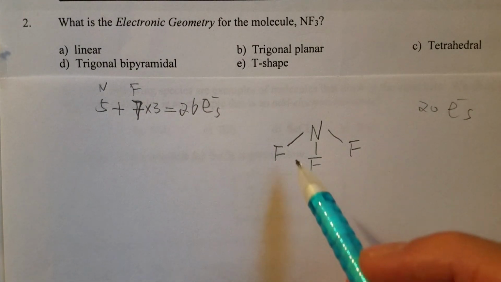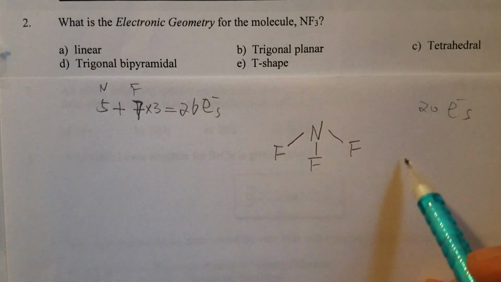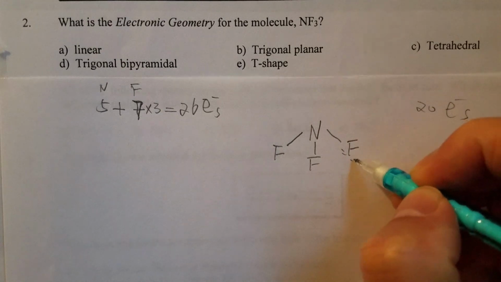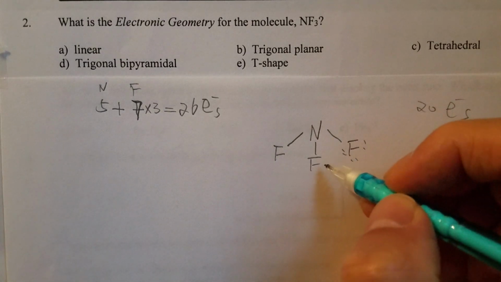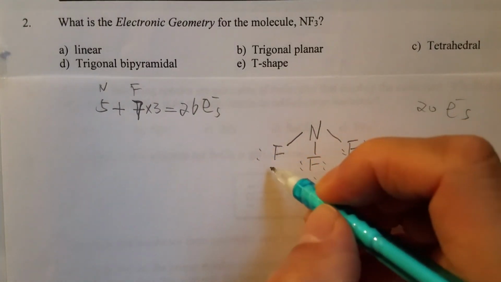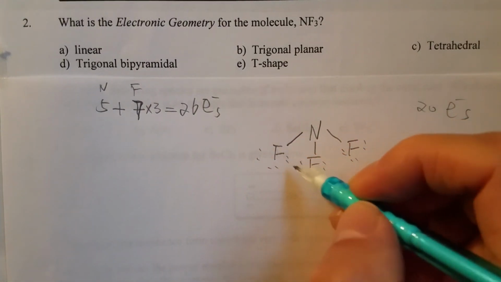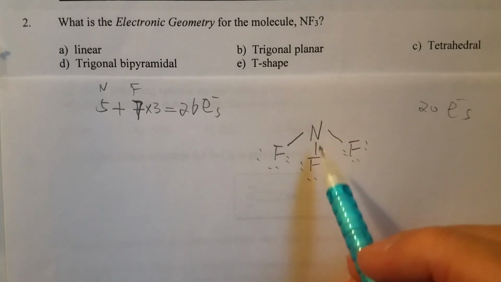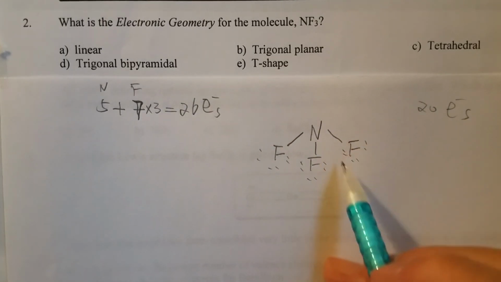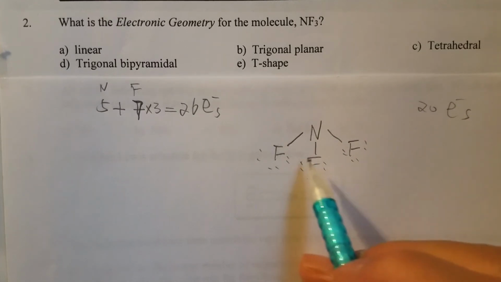But first, we need to assign those valence electrons to the peripheral or surrounding atoms to satisfy the octet rule. And now, as you can see, each fluorine should have 8 electrons surrounding it.